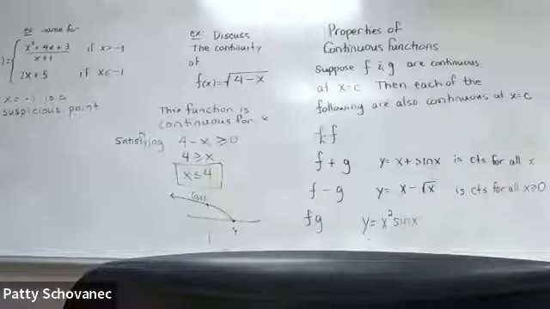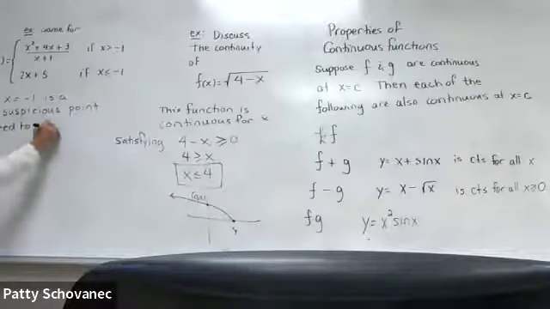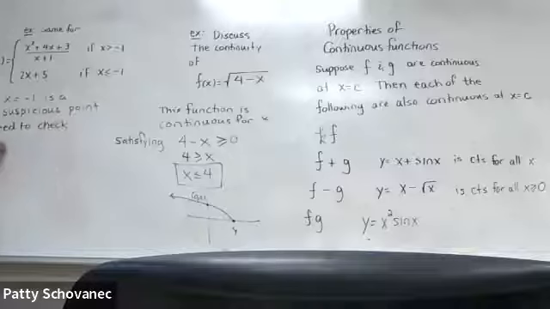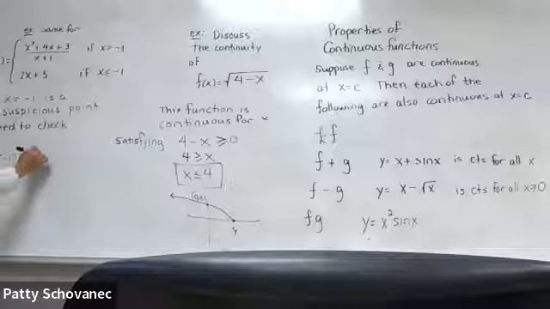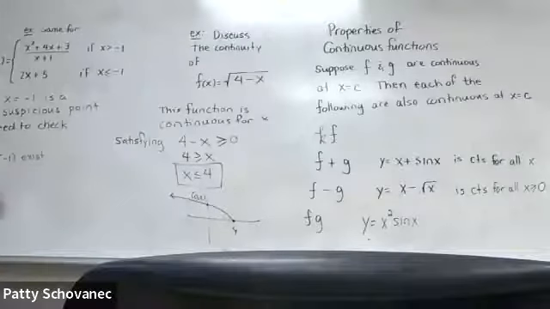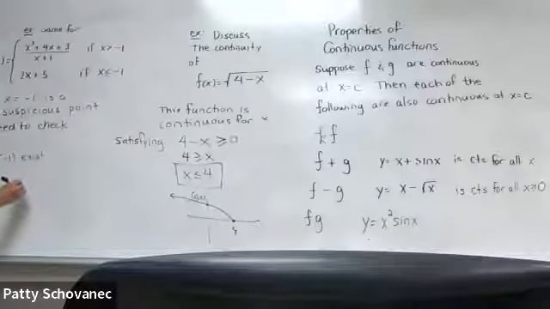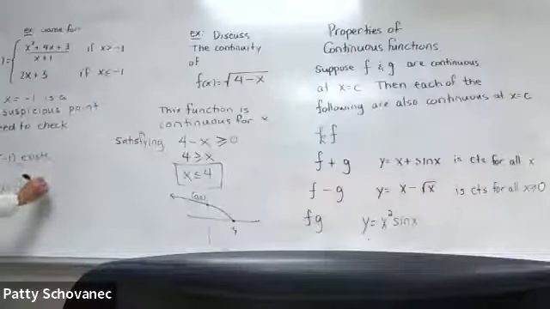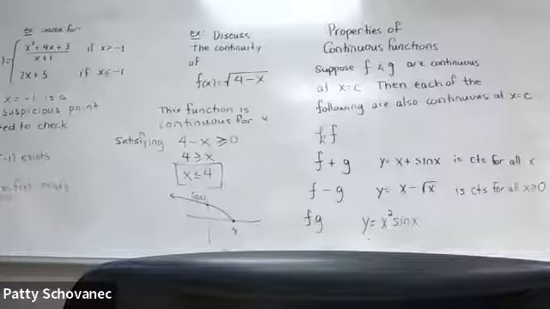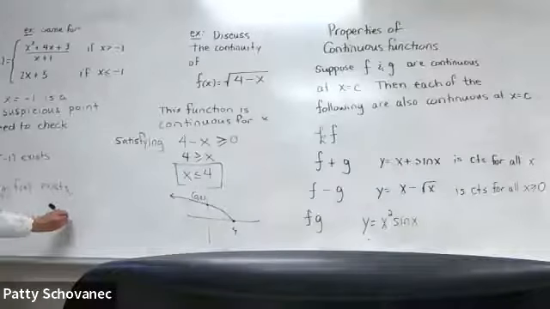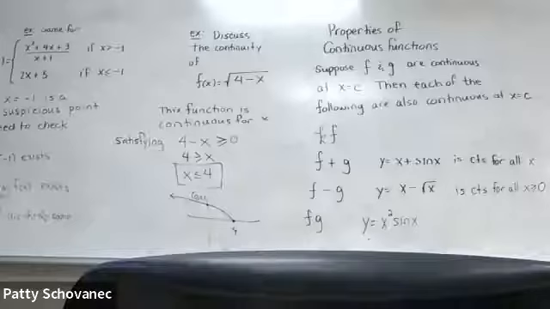Okay, so we need to check if f of -1 exists, if the limit as x goes to -1 of f of x exists, and are they the same? Those are the 3 things we need to check.